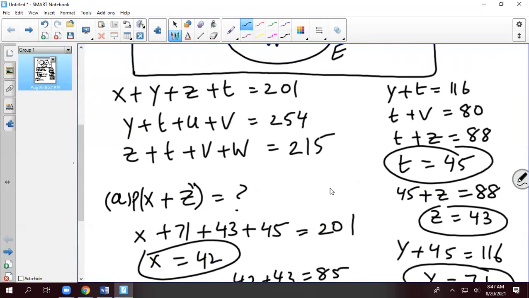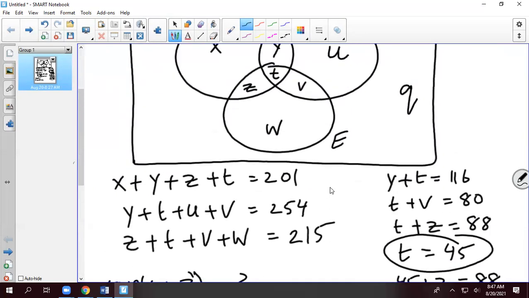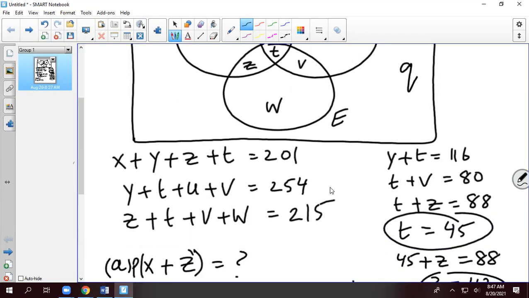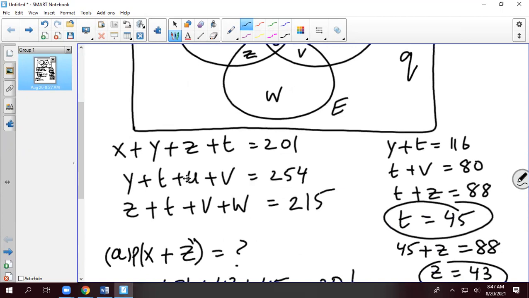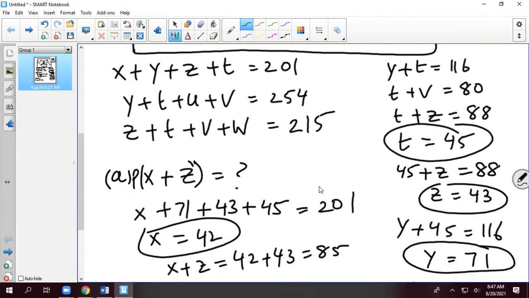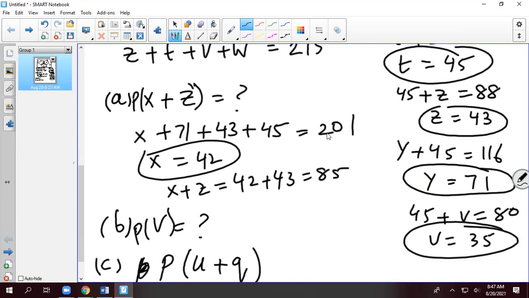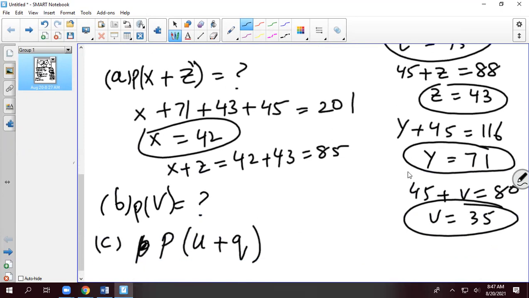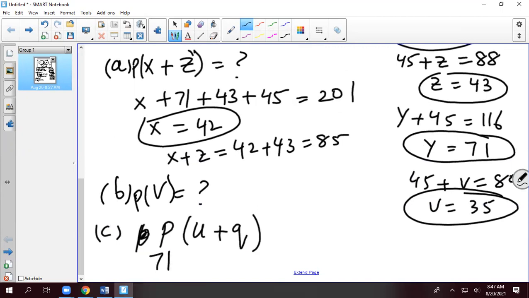Now U can be found out from this second equation. We need to know Y, V, and T, which we do. So let's use this equation to find U first. Y plus T plus U plus V is 254. Y is 71, V is 35, plus U plus T, T was 45, equals 254.